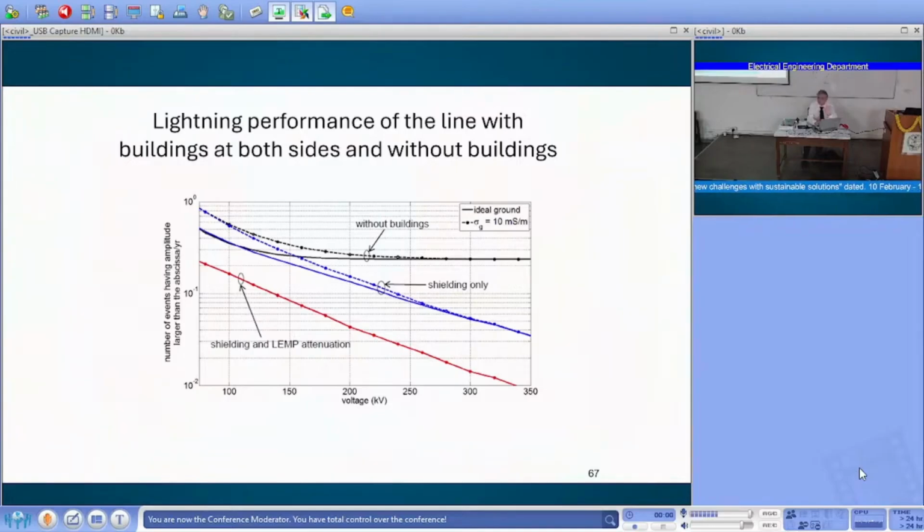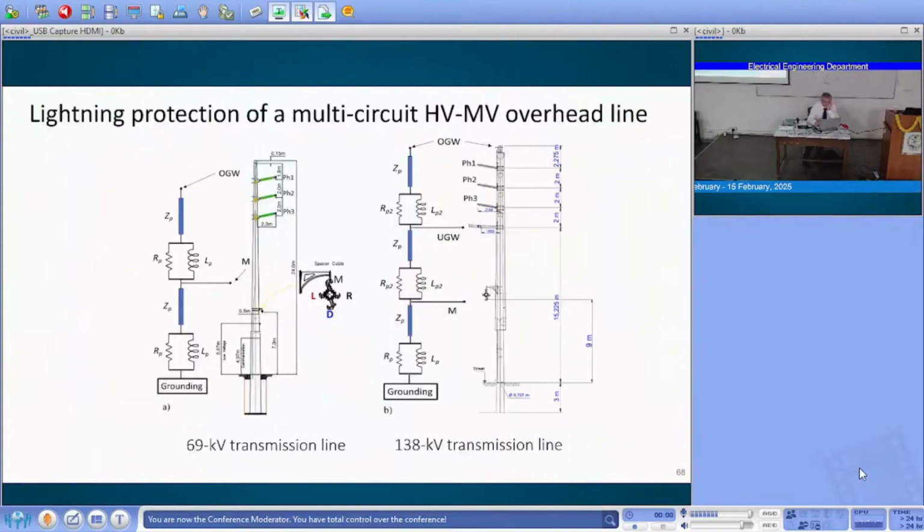So for the last 2 minutes, the last case that I mentioned to you at the beginning: there are cases in several countries, in several environments in which you need to save money and also save space. So there are some lines in which there is a high voltage line, and then installed on the same pole there is a medium voltage distribution line.